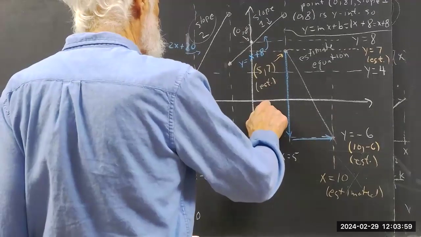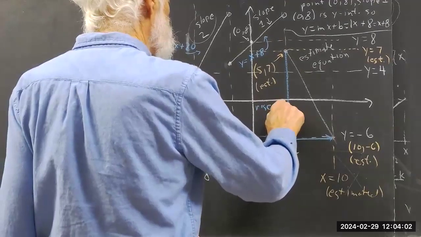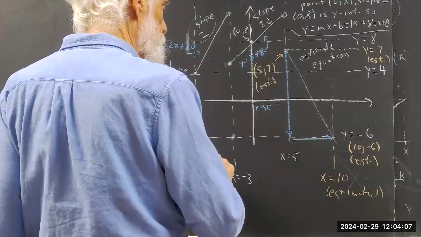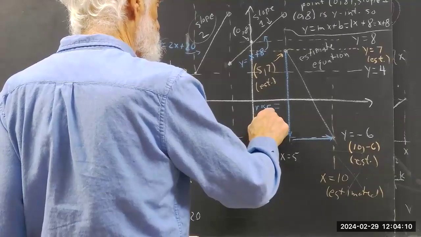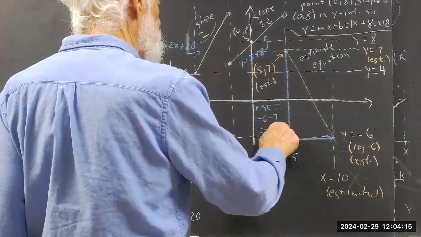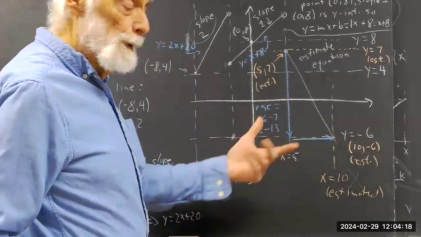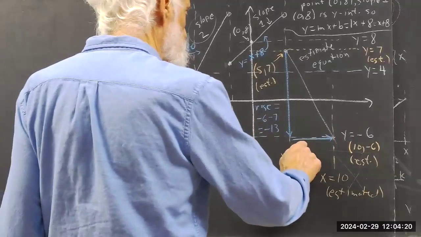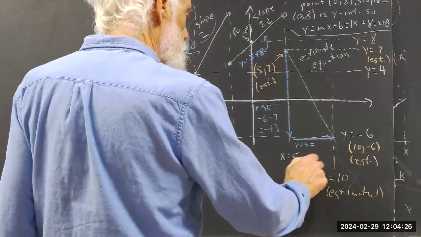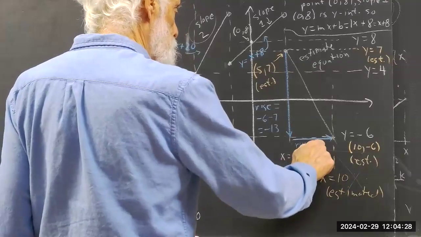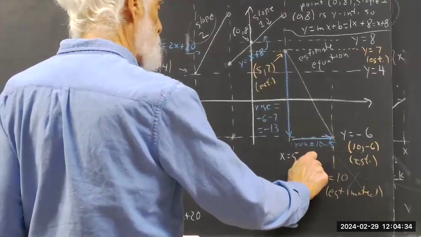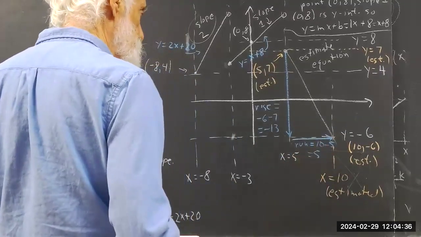Here is rise equals -6 minus 7, which is -13. Yeah, that's my estimate. You might have used your own, that's fine. And the run equals 10 minus 5, which equals 5.